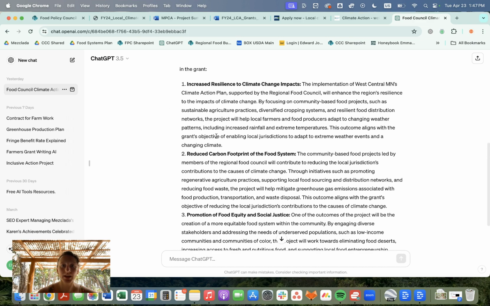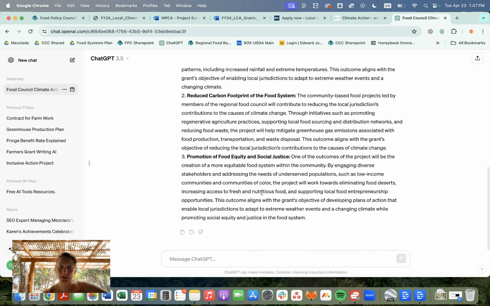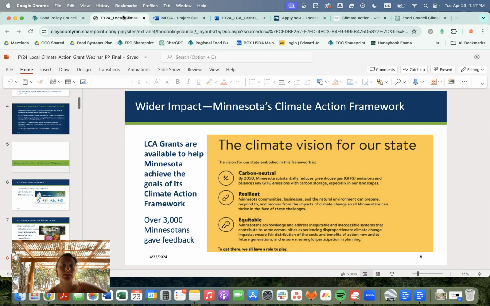And you'll see the format of this is completely different than the first one. And so sometimes that happens, right? It'll spit out something that's very different than what you had originally asked for. So this one I really appreciated, the promotion of food equity and social justice, that it's very much in line with the priorities and the goals of our food systems plan. And now we know it's also in line with what the climate vision is for the state of Minnesota.